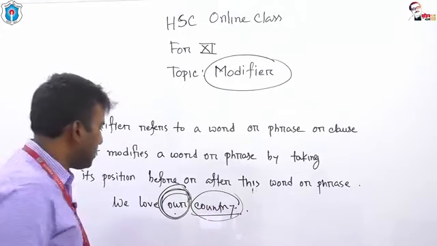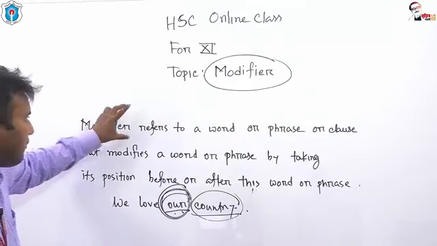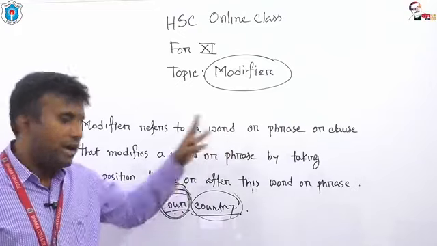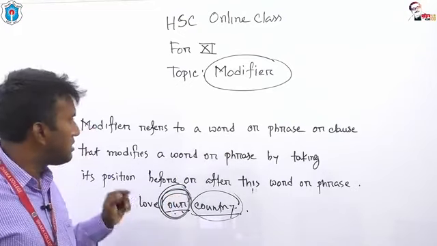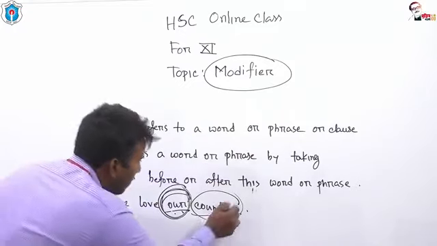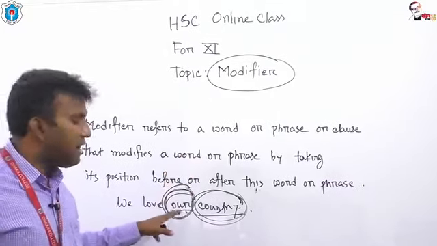Look at my dear students. Here our is a modifier. Modifier refers to a word or phrase or clause. Here our is a word working as a modifier, and a modifier modifies a word or phrase. Country is the word modified by our.